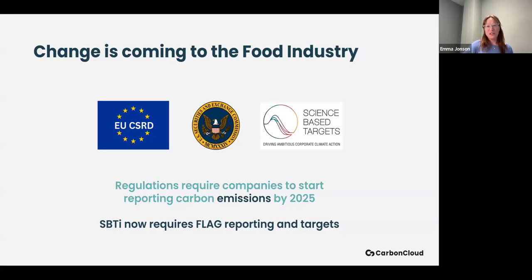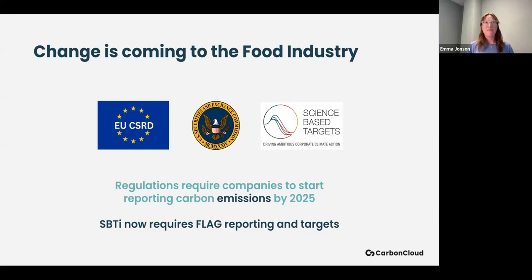What does this mean for the food industry? Well, first of all, we have regulations coming. Here in the EU, we have a lot of talk about the CSRD, the Directive on Corporate Sustainability Reporting. And a big part of that is the reporting of greenhouse gas emissions. And of course, this is not only applicable to food companies, it is applicable to all companies.